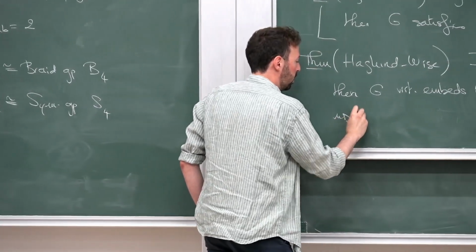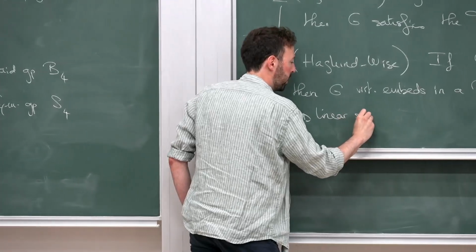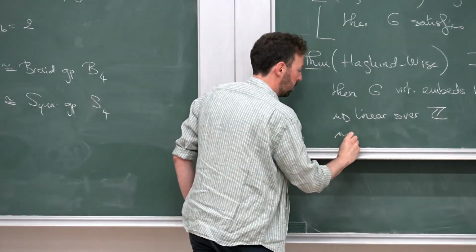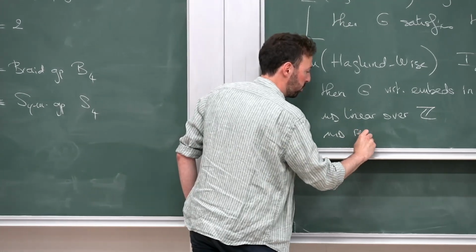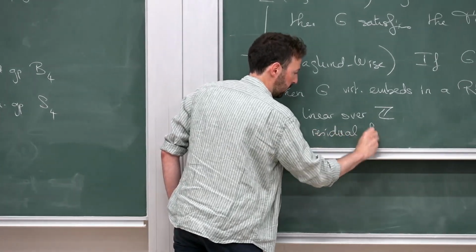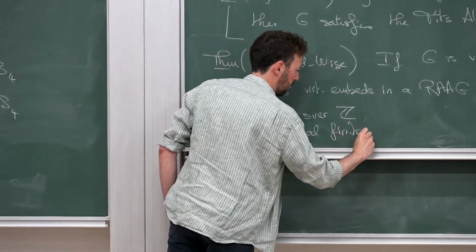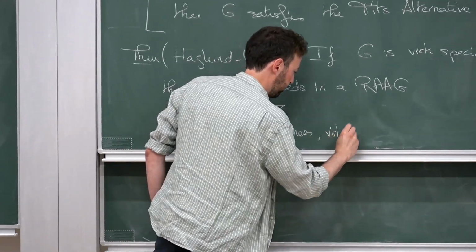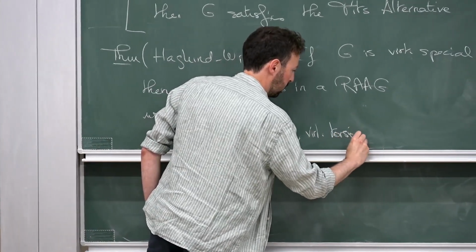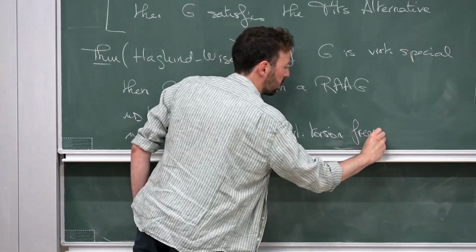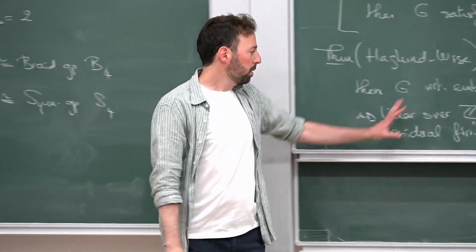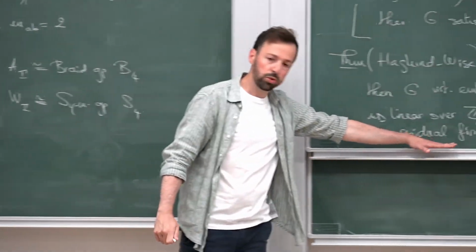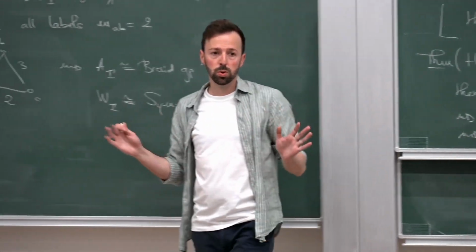So it's linear over Z, embedded in some SL_N(Z). So it implies, in particular, residual finiteness and virtual torsion freeness. And all of these are properties that we don't know about Artin groups in general. Even residual finiteness is unknown in general.